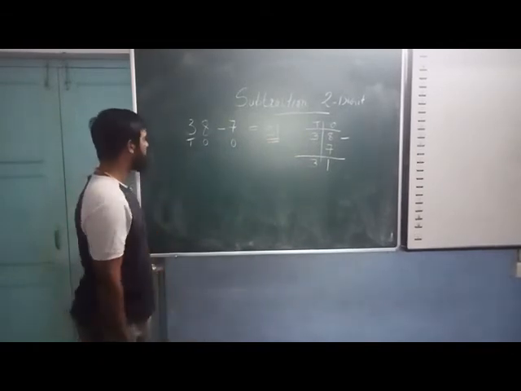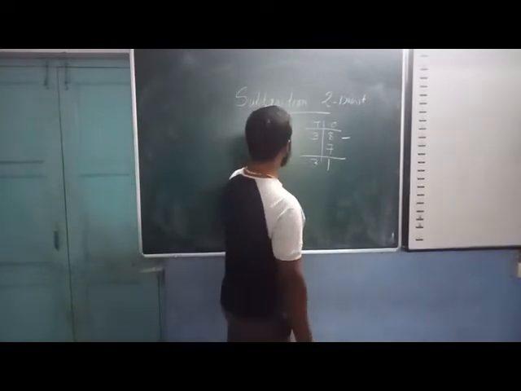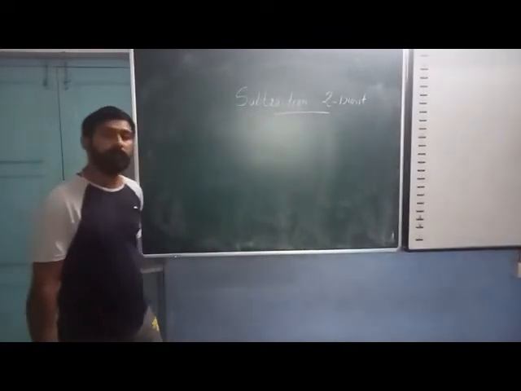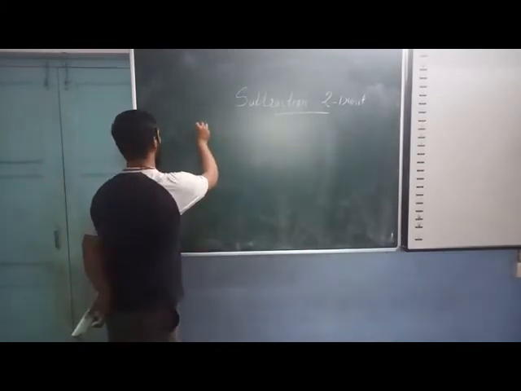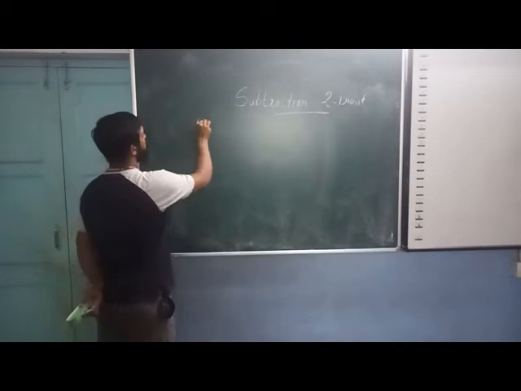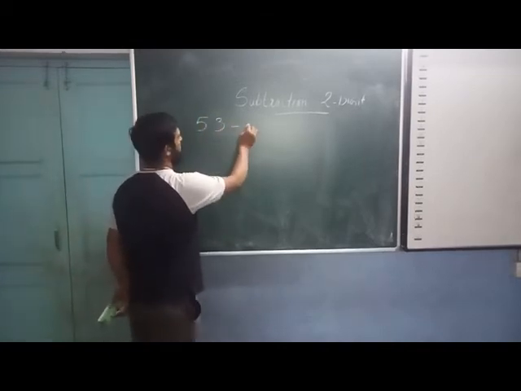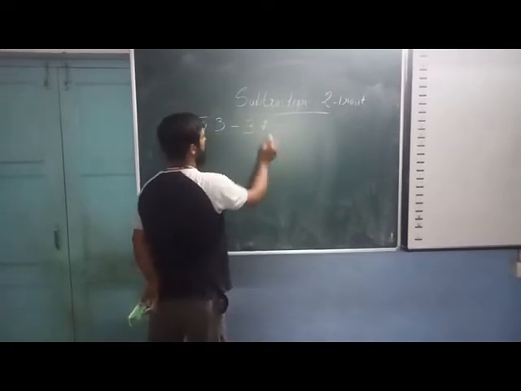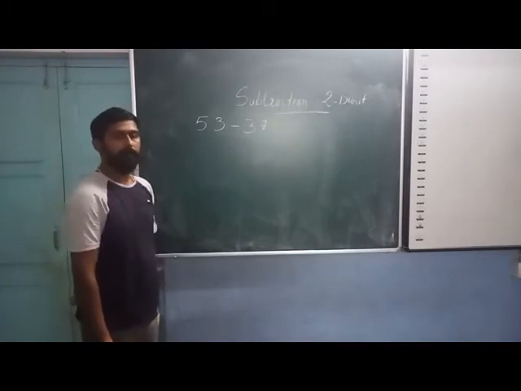So now let us see. There is another important topic related to subtraction: what will we do when we subtract bigger two-digit numbers? For example, 53 minus 37. What will we do when we subtract these two bigger numbers?